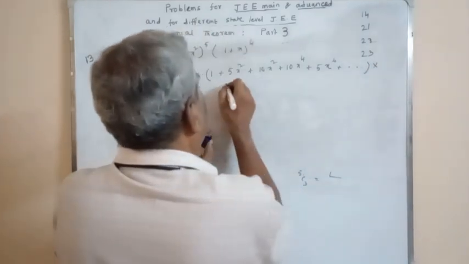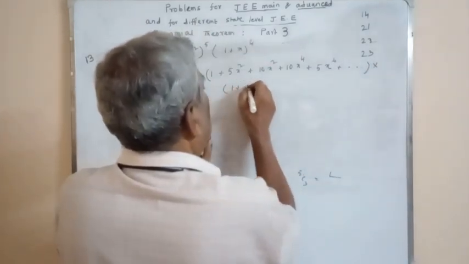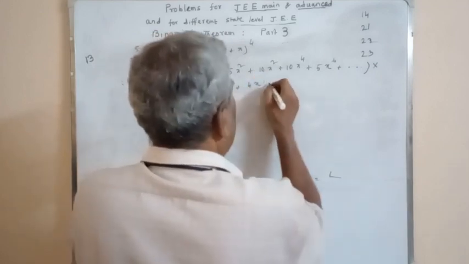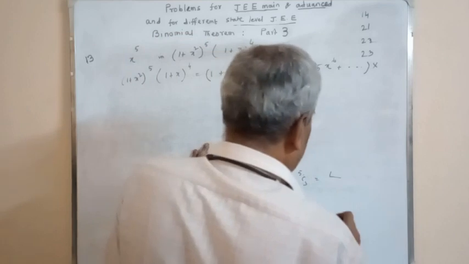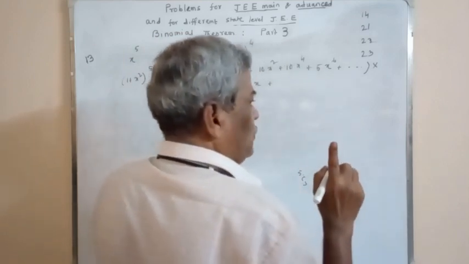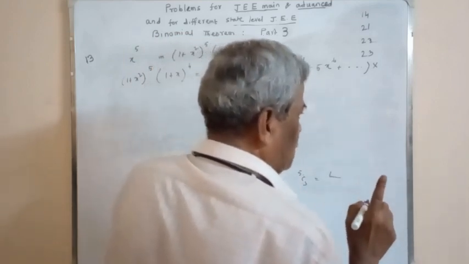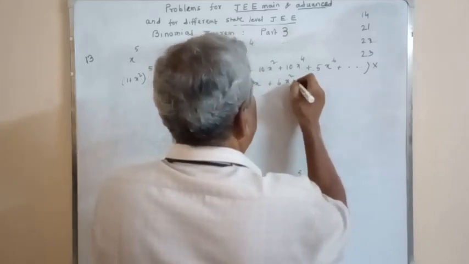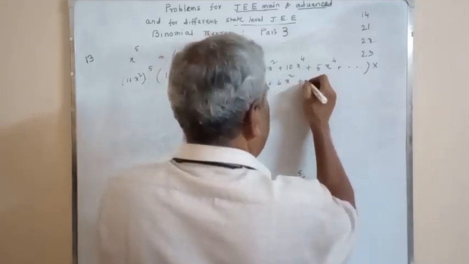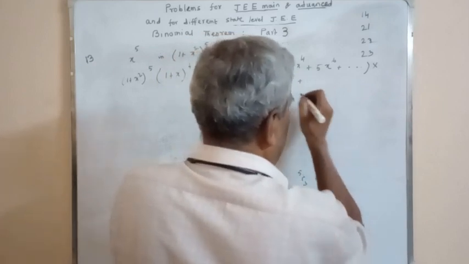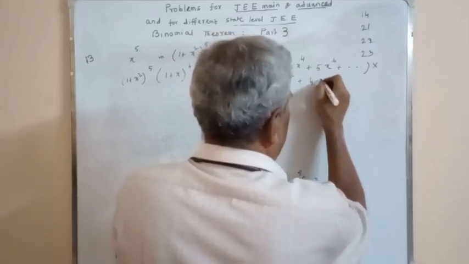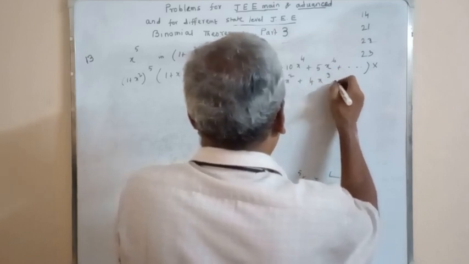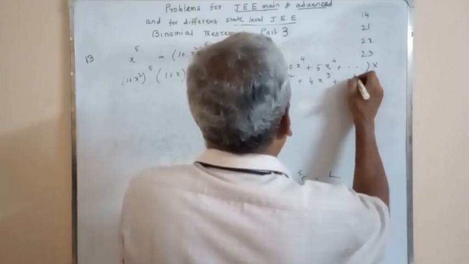Multiplied by 1 plus 4C1 into x plus 4C2, which is 4 into 3 by 2, 6 into x square, plus next one is 4C3, that is 4 x to the power 3, plus x to the power 4.